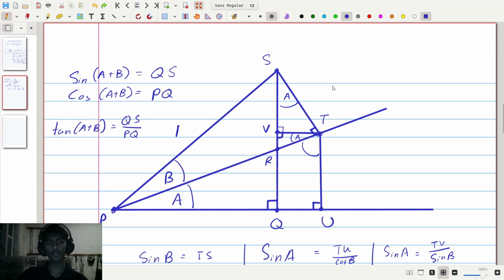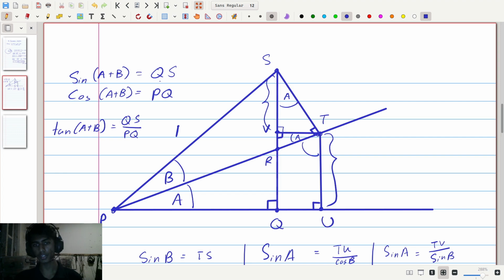So, if we look at sine of A plus B, it is QS, the height from here to here. This height is what we need to find. Notice that this height can be formed by the two heights TU and SV. Have you noticed that? Good.